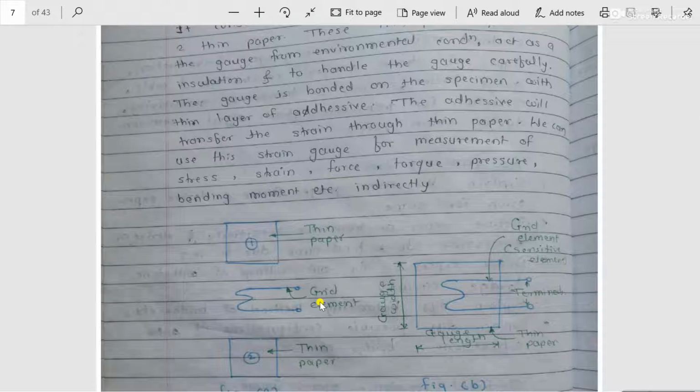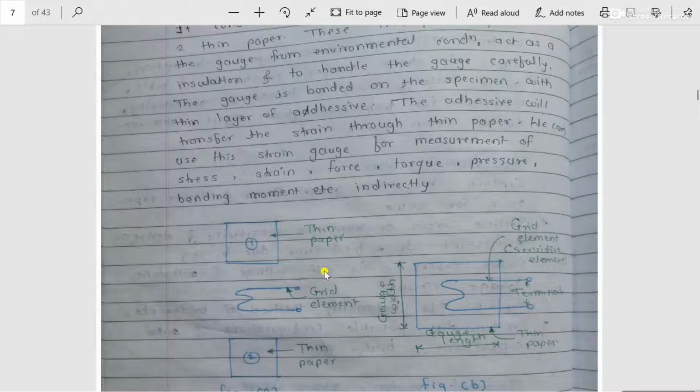The strain is transferred from the specimen to the layer of adhesive, then to the thin papers, and from the thin paper to the grid element, and according to the loading, the extension or compression of the grid element takes place. This grid element is connected to the display, and in that display we can observe whether the resistance of the grid element increases or decreases, and according to that we can find out the unknown parameter. So this is the basic working principle and the construction of the strain gauges.